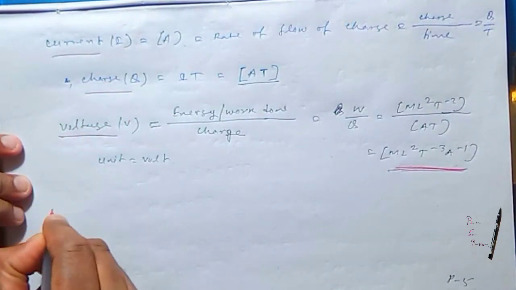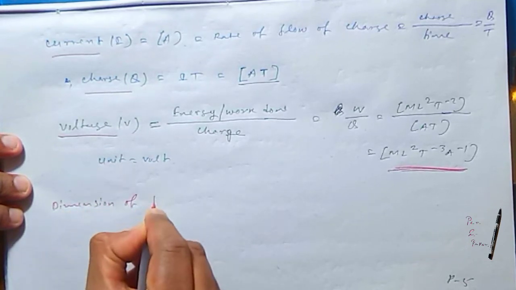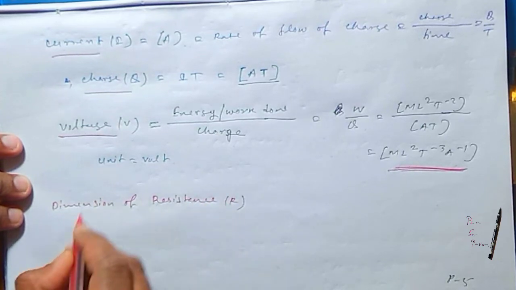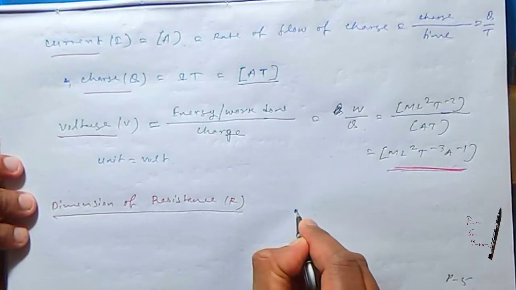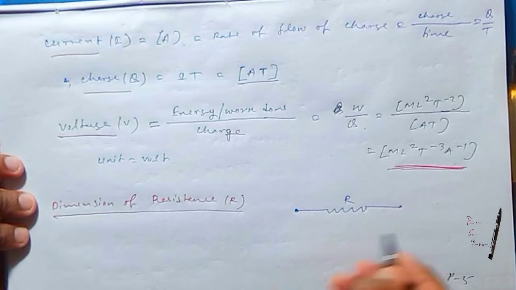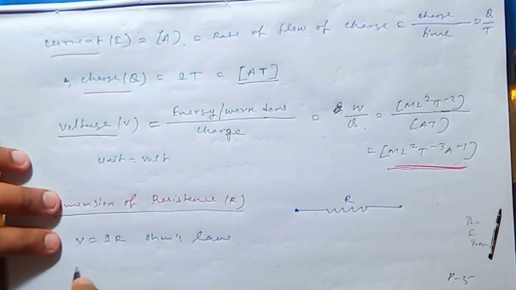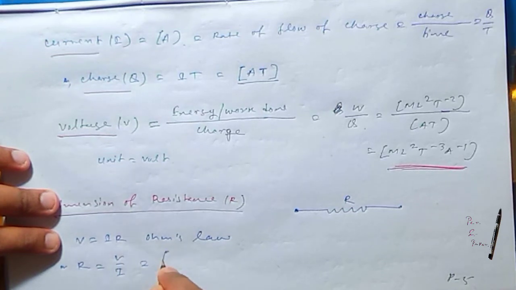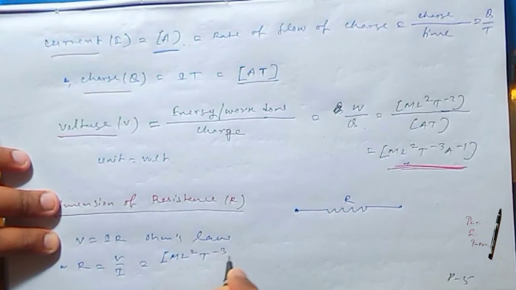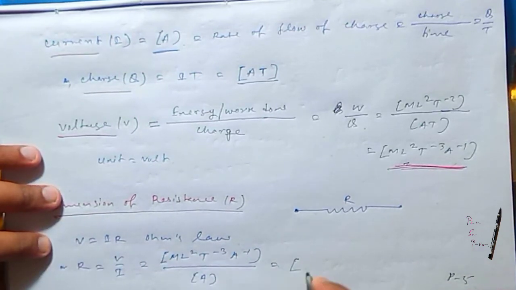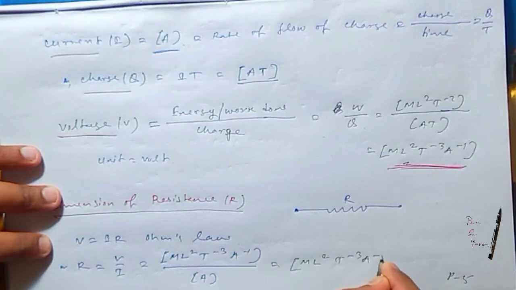Symbolically resistance is expressed as this symbol R. Now from Ohm's law, resistance will be R is equal to V by I. Now we know the dimension of voltage, M L square T inverse 3 A inverse 1, and the dimension of current is A, only A. So we write it here, M L square T inverse 3 A inverse 2.